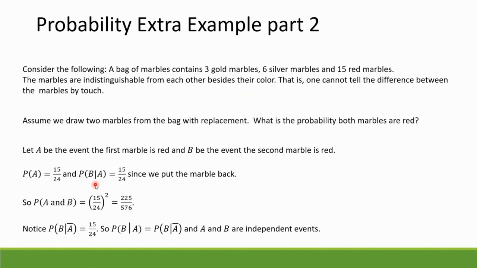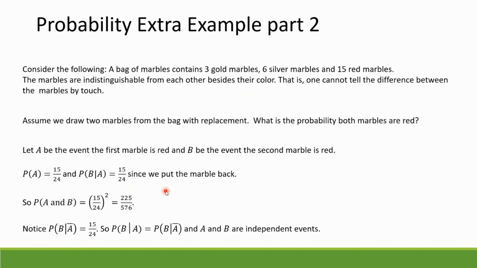Well, remember, we put the first marble back in the bag. Then when we draw the second marble, there are 15 red marbles, and the bag has 24 marbles in it. So again, we get 15 out of 24 for the probability.